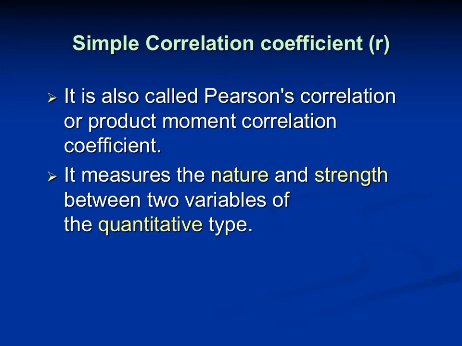So Pearson's correlation coefficient, or the product moment correlation coefficient, is a statistic that is commonly used to measure the nature and strength of the association between two variables, most especially quantitative variables.